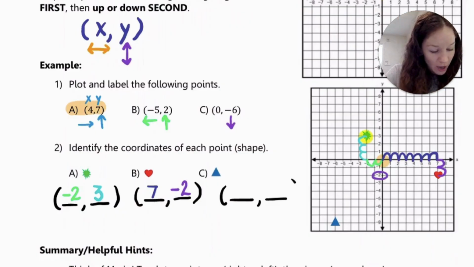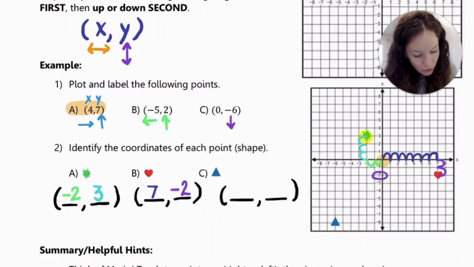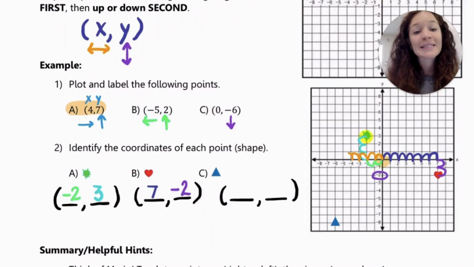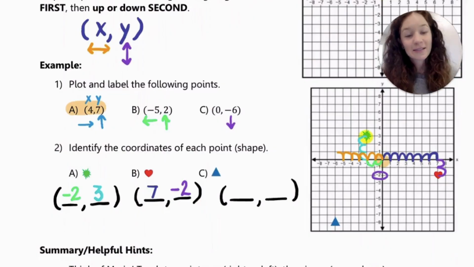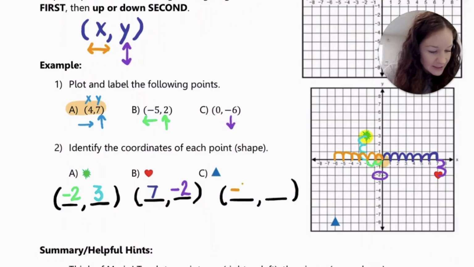So our triangle is over to the left of 0. So I'm going to count left. 1, 2, 3, 4, 5, 6. So I went left 6. So that's going to be negative 6. And then to get to that triangle, what color didn't I use yet? Gray.